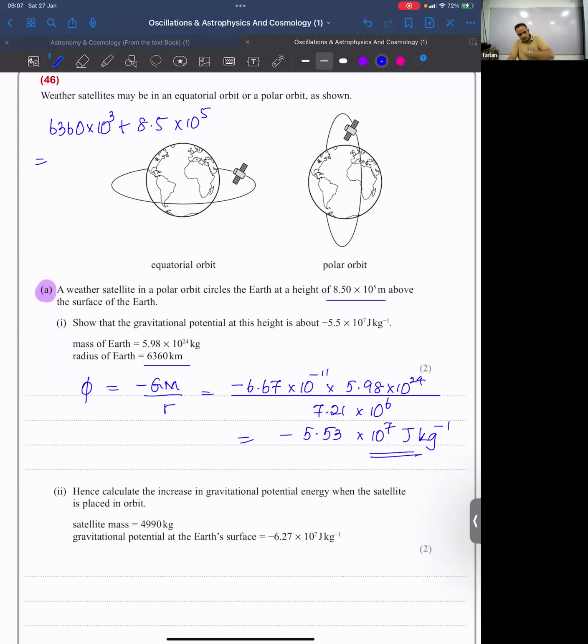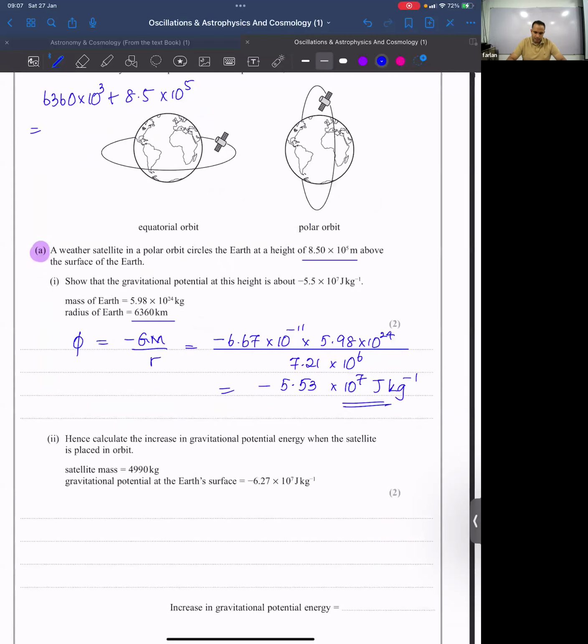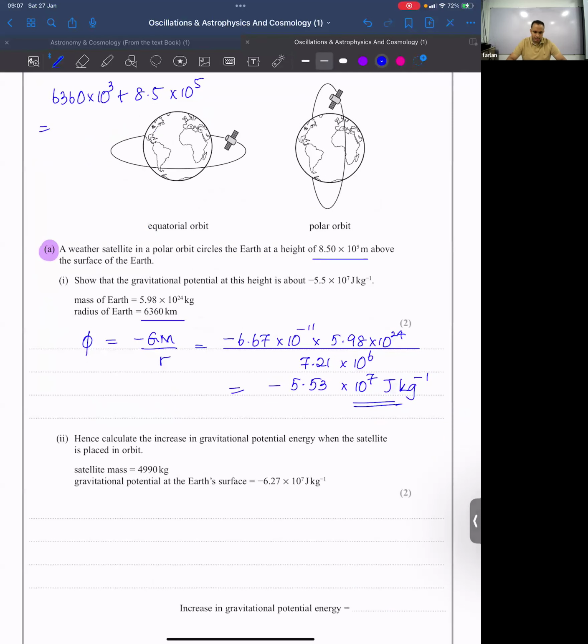That will be the gravitational potential at this point. Correct? Hence, calculate the increase in gravitational potential energy when the satellite is placed in orbit.